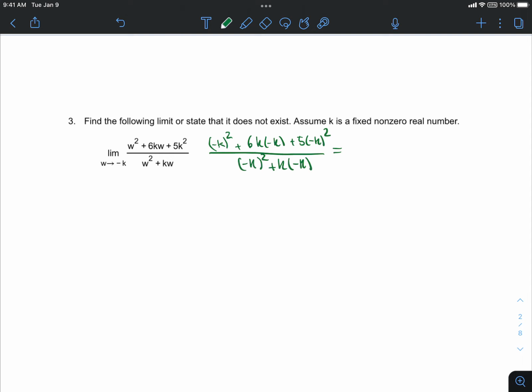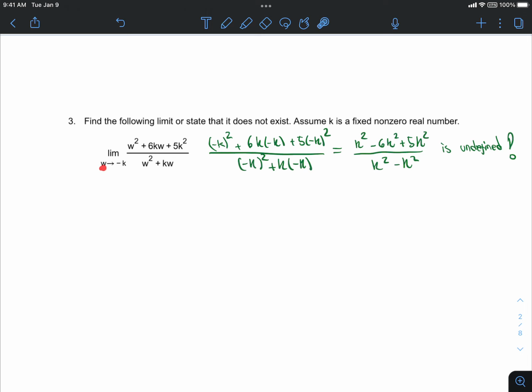I'm starting already to see some problems. The top is k squared minus 6k squared plus 5k squared. Bottom is k squared minus k squared, and that's 0 over 0. So this is undefined. Right?